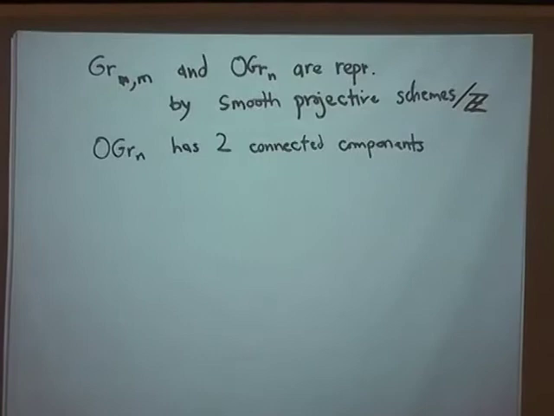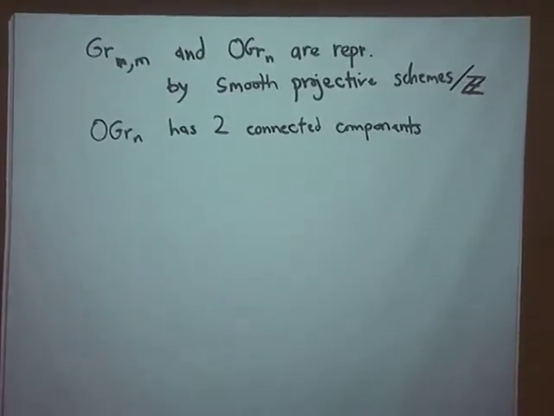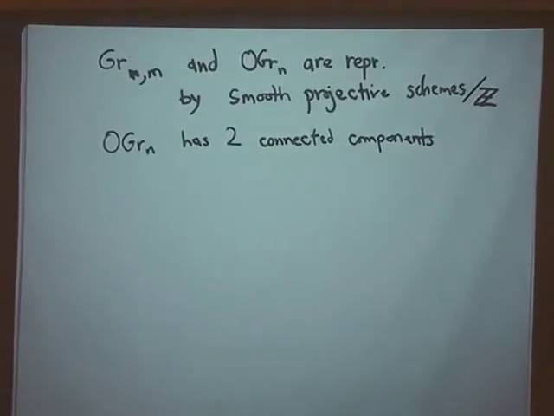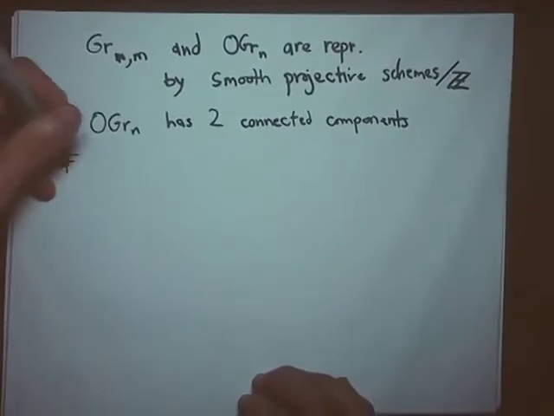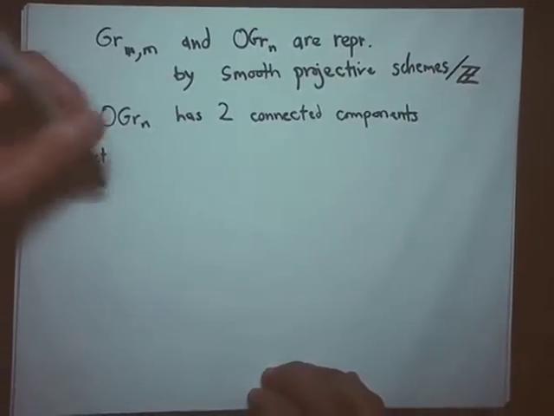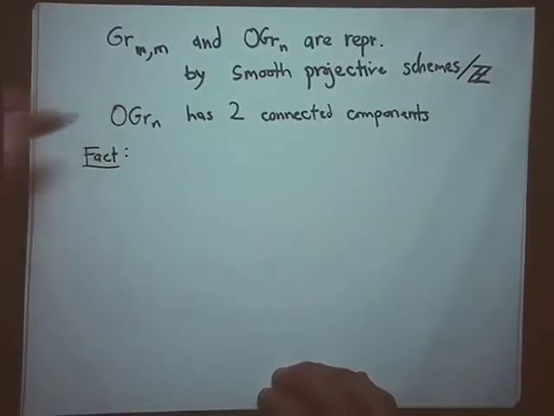But what you can say is a condition that tells you when two maximal isotropic subspaces belong to the same component. Here's a classical fact that tells you how to distinguish these components.